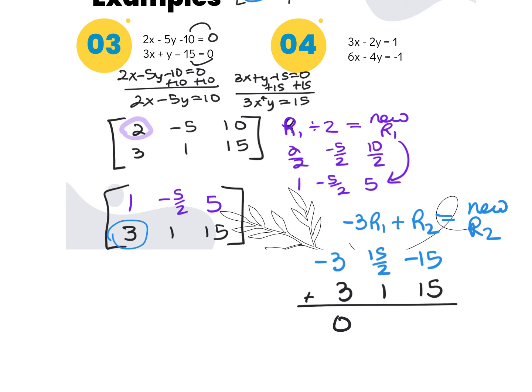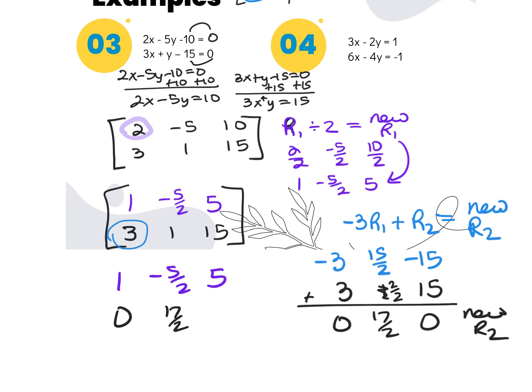I could change my whole number 1 and make this 2 over 2. So this becomes 17 over 2. This is my new row 2. So row 1 is the same. My new row 2 is the 0, 17 halves, and a 0.